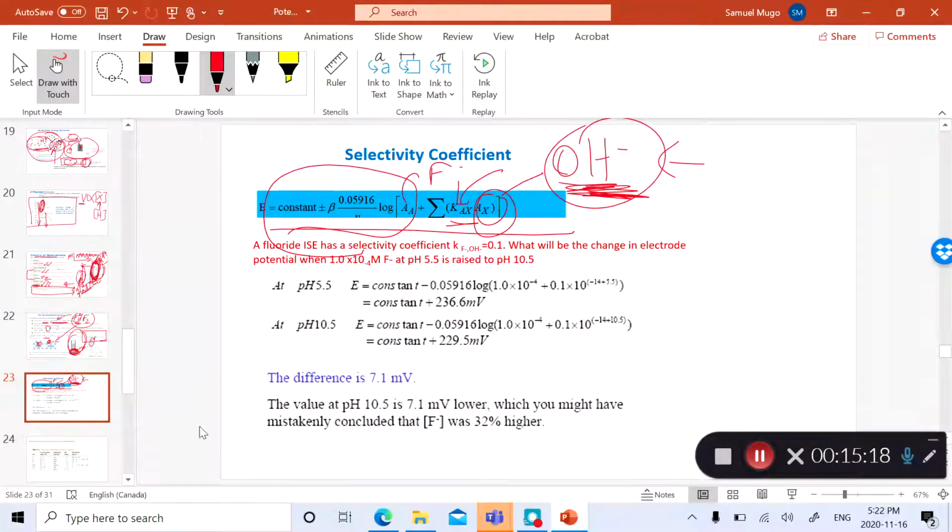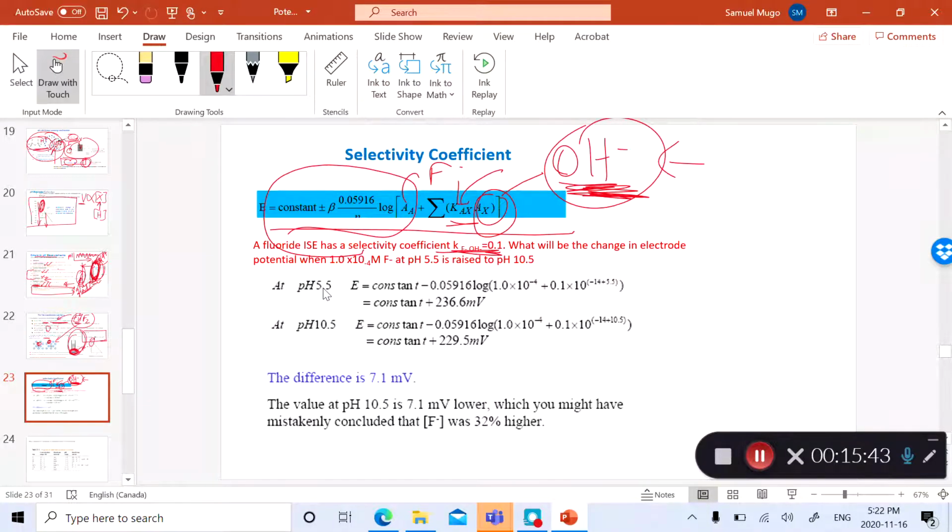So you may have a problem like this. You've got a fluoride ion selective electrode. It has a selectivity coefficient of 0.1 relative to the hydroxide. And so the question is, what will be the change in electrode potential when you have this concentration but at two different pH? All right. So you just use the Nernst equation.